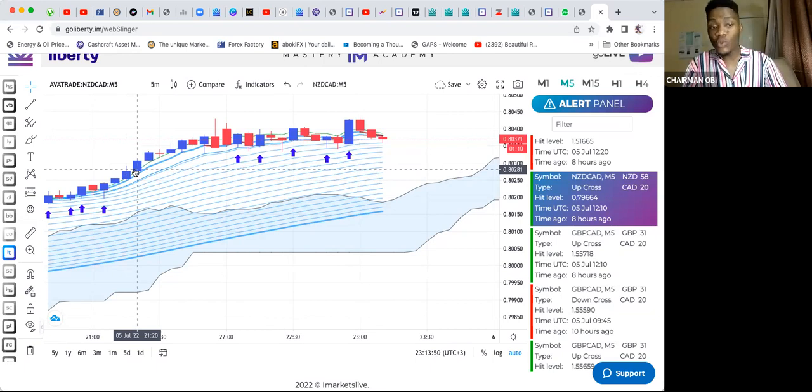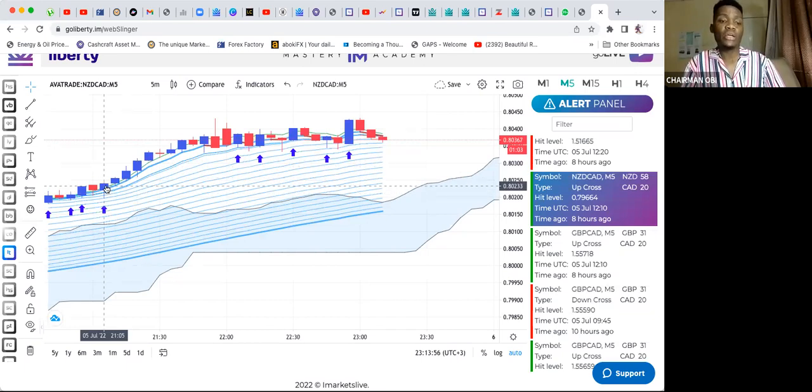Another candle opened at 281 and closed at 311. If you had entered this trade for 20 minutes, 5, 10, 15, 20, you would have still cleared it. This candle closed at 305, opened at 308 and closed at 331. If you had entered this particular trade for 25 minutes, you would have still cleared it.